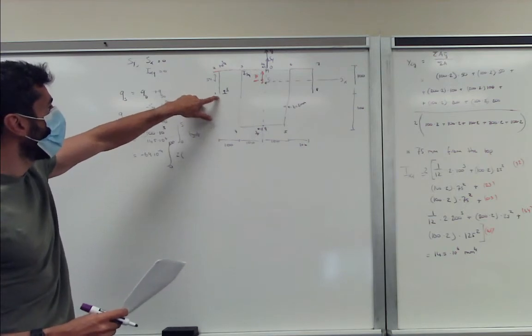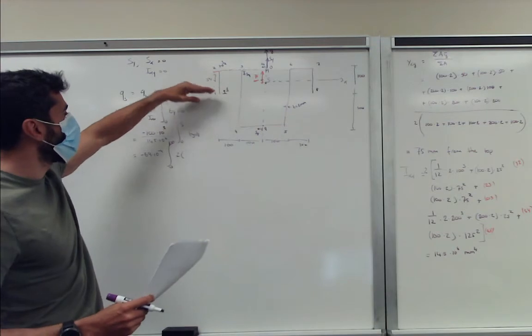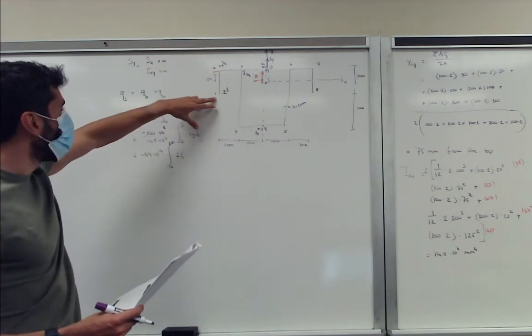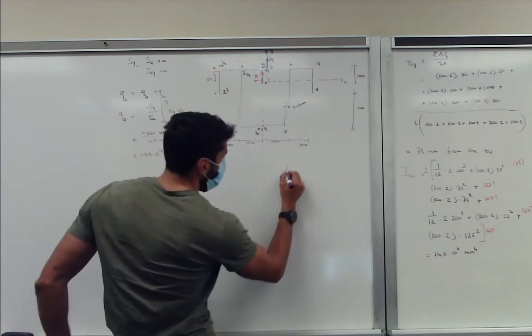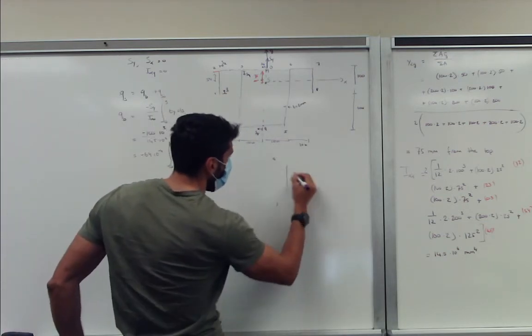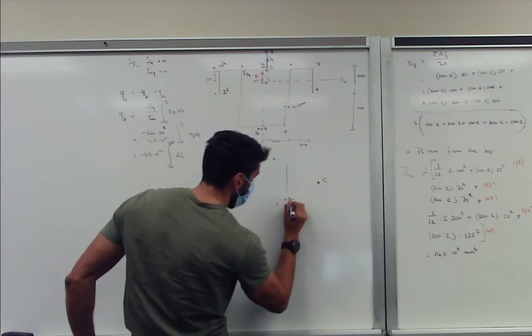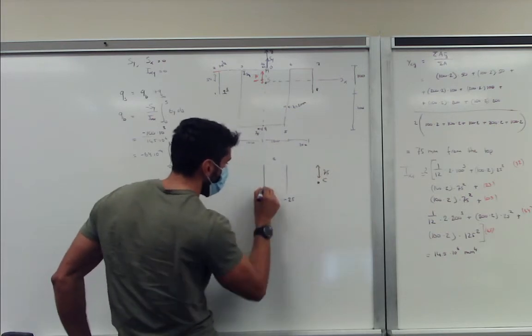Based on the fact that y changes as we move along the segment 1, 2, we have to come up with an equation for that. So from our central axis, looking at 1 and 2, with the centroid here, this is at minus 25 because this was 75, and this was 100.